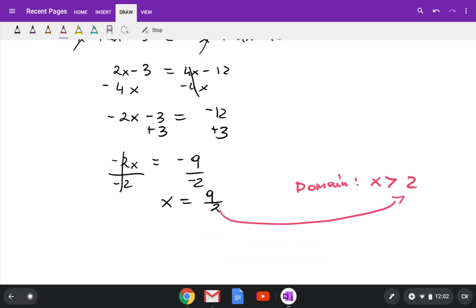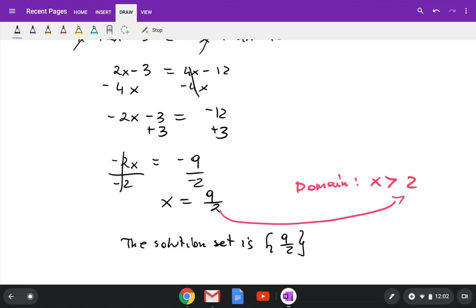So we're good. So the solution set is 9 over 2. X equal 9 over 2. We don't have an extraneous solution here. Okay, that's it for logarithmic equations.